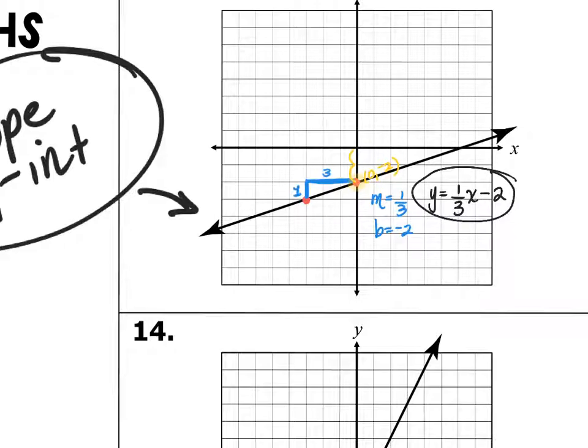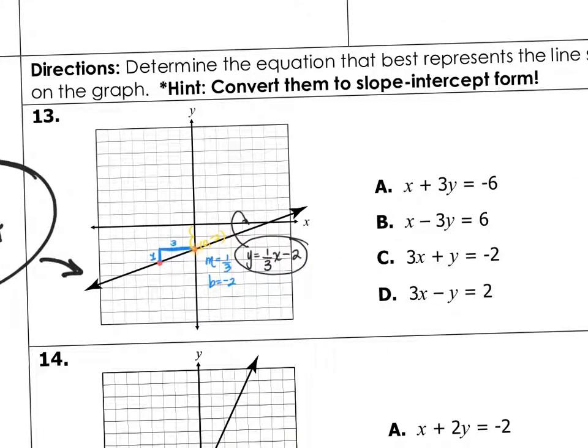That is the equation of this line. Now you need to figure out which of these standard forms, when converted to slope-intercept form, is going to give me that equation. One of these standard forms is the same as this slope-intercept form. Go ahead and try that now.